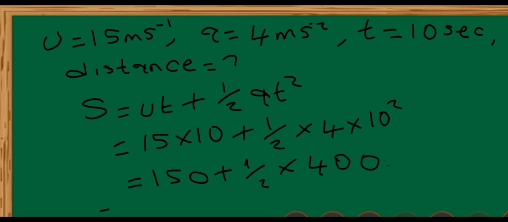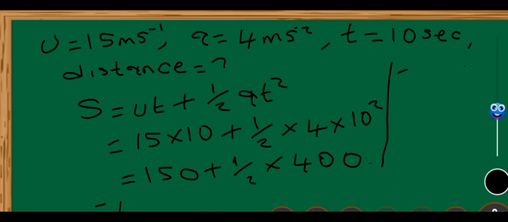From here we have the first term plus half times 400, that's 200. So the initial term plus 200 gives us the final distance in meters.